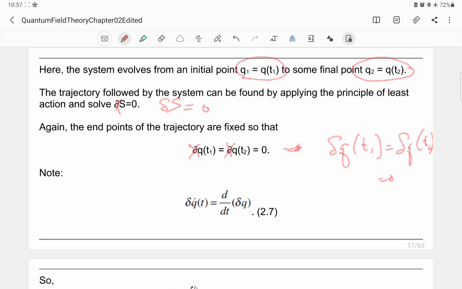So this is just a fundamental theorem in calculus where the change of a coordinate system and its derivative with respect to time, you can interchange it.